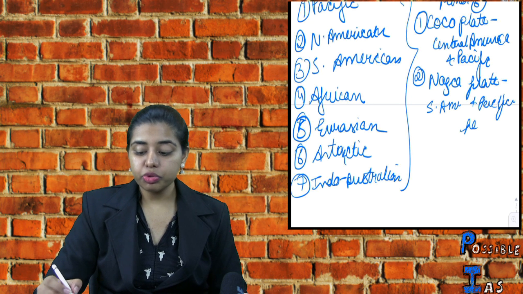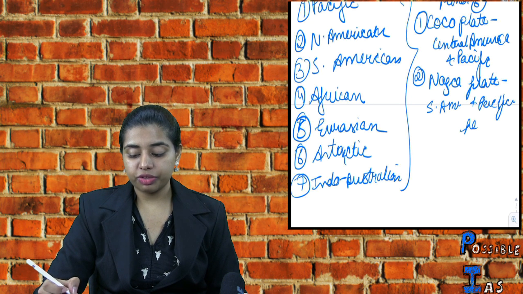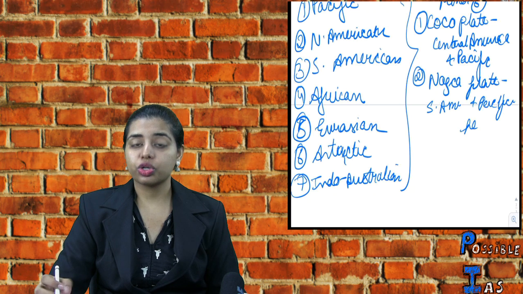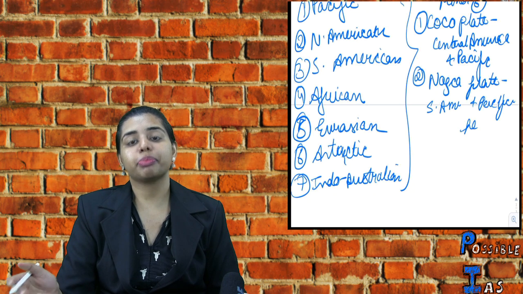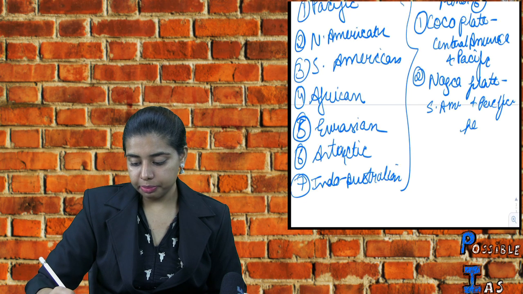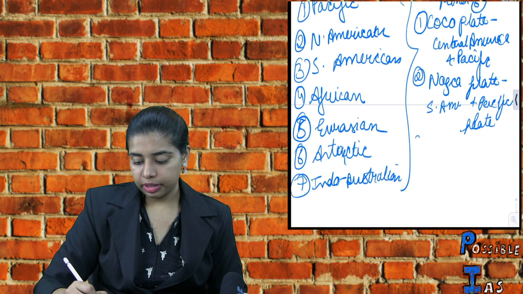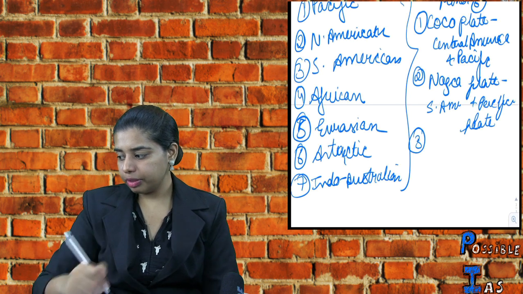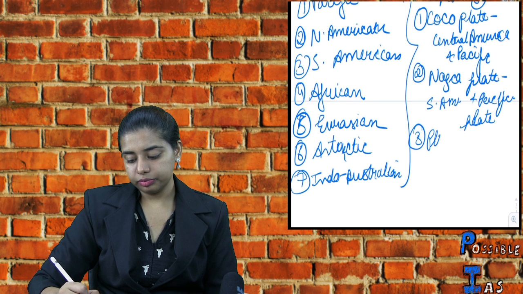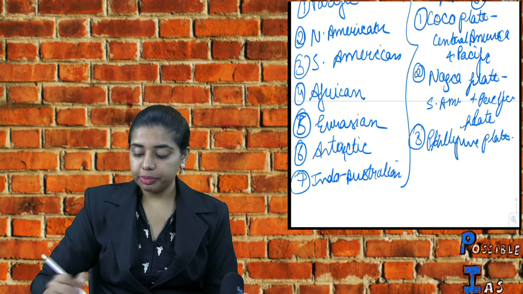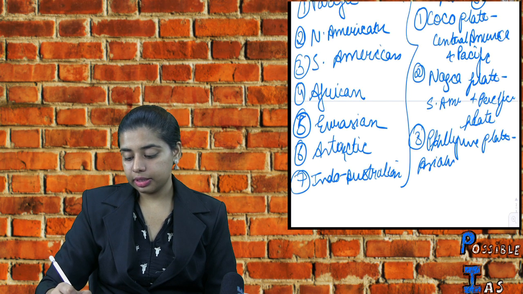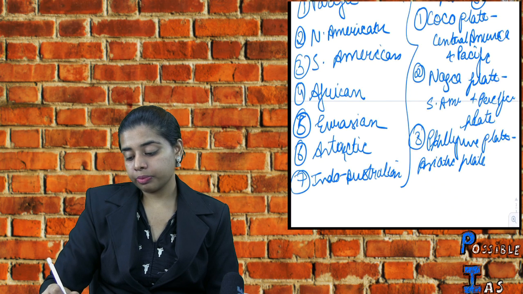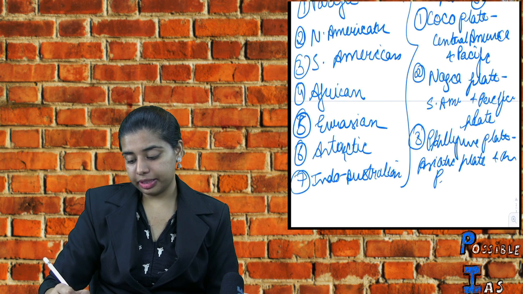When I use the term Central America or South America, I mean the Central American plate and the South American plate. Then number 3, you have the Philippines plate. Where is it located? It is located between the Asiatic plate and the Pacific plate.